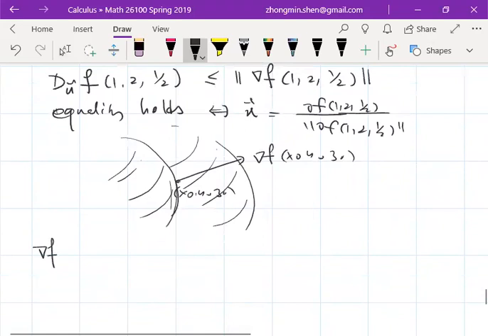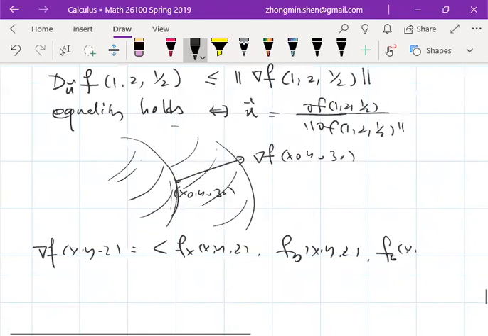The gradient of a function of 3 variables is just the vector of partial derivatives. Maybe you can quickly find it. The function is x times natural log of yz.